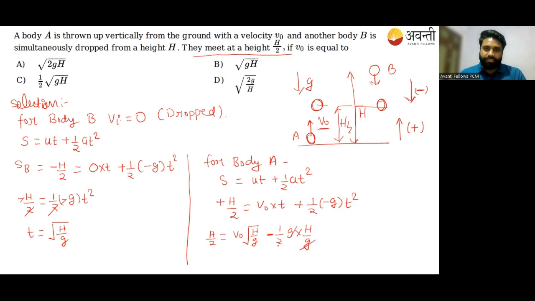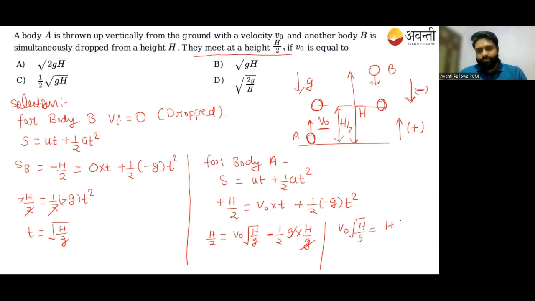G and g got cancelled out. So here you have minus h by 2, here you have plus h by 2. Take this minus h by 2 to the LHS, so it will become plus h by 2. H by 2 plus h by 2 becomes h. So you have v naught square root of h by g equals h.